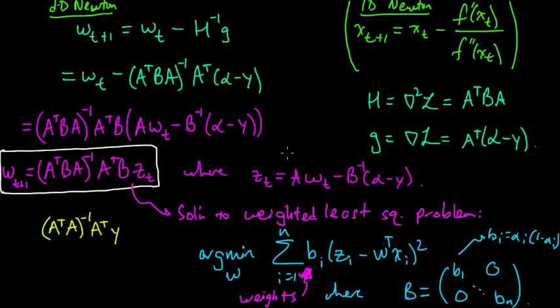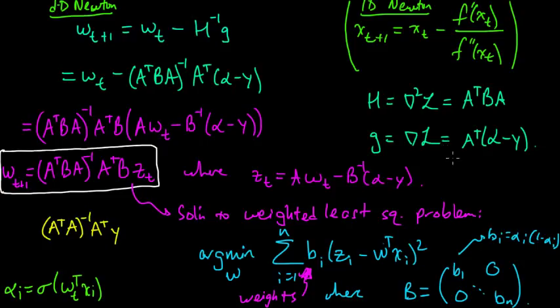And the reweighting is because at each step you get different bi's, because remember the bi's depend on these alpha i's, and alpha i was sigma of w transpose xi, and we have a different w. This would be wt at the t-th step.